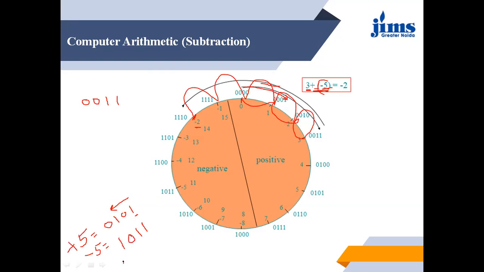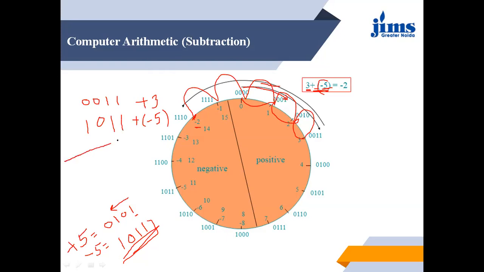So we have to add this to 3. So this was plus 3. Now we have to add minus 5, and this is the representation of minus 5, that is 1, 0, 1, 1.